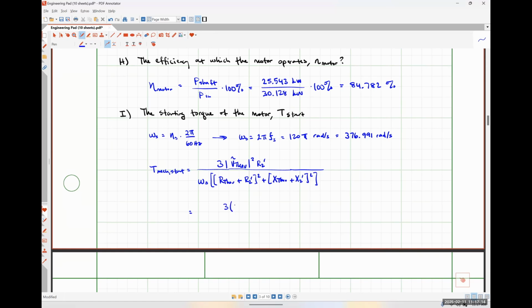Substituting in my numbers here, that's going to look like 3 times 262.808 volts RMS, quantity squared, times 0.196 ohms, divided by 376.991 radians per second times the quantity 0.290 ohms plus 0.196 ohms, square that guy, plus 0.675 plus 0.510, square that guy.